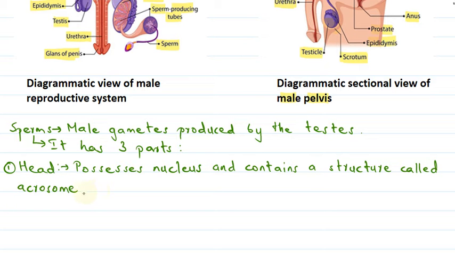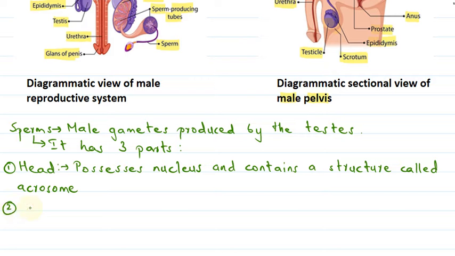This acrosome contains hydrolytic enzymes like acrosin and hyaluronidase. These enzymes help in penetrating the female gamete.